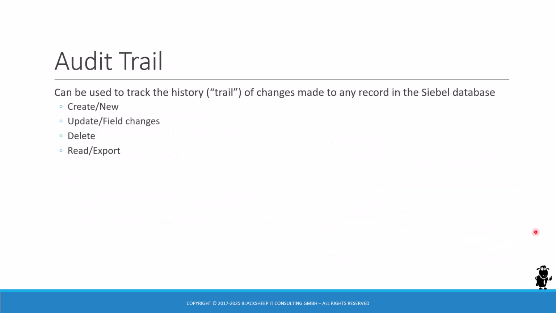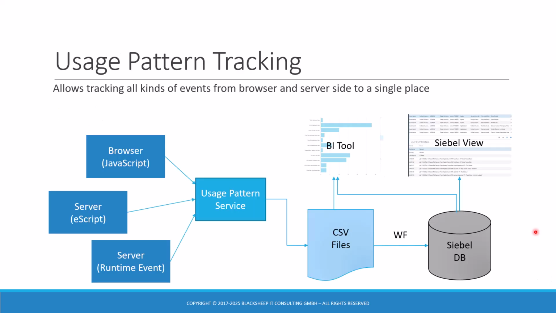We have Audit Trail, which lets you track the history of changes made to records in the Siebel database, such as new record creations, updates, deletions, or even read and export. UPT is another great automation tool if you want to understand what your users are doing, how they are using Siebel CRM, how they are following your processes or not, and you can take advantage of the vast information you can capture there.